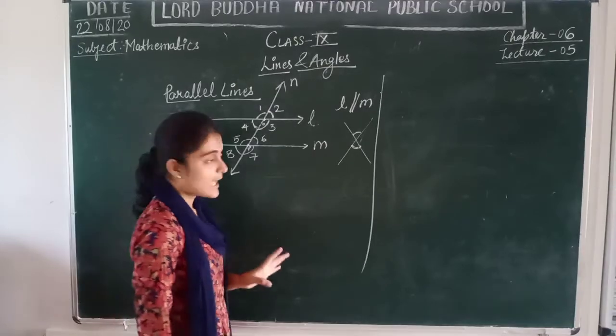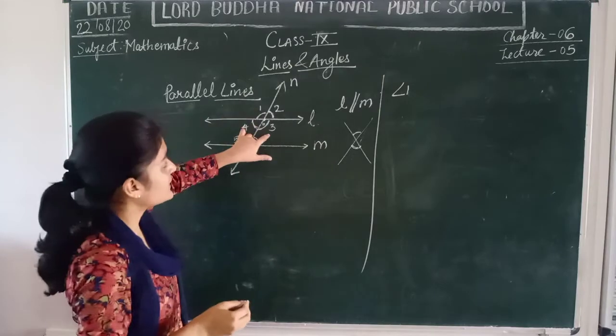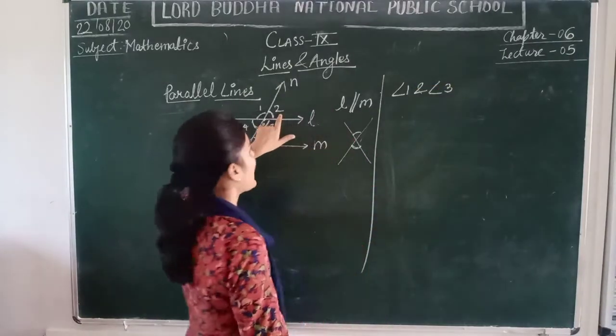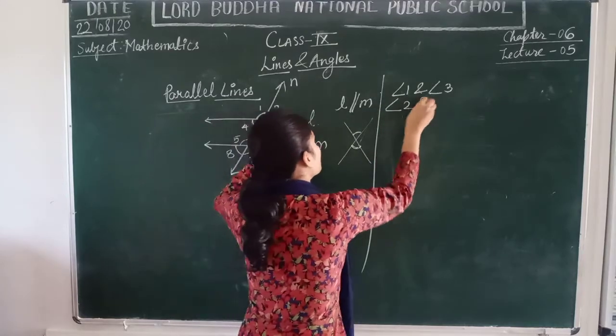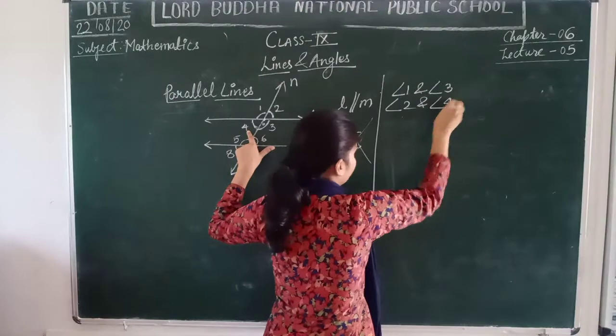Vertically opposite angles. So we'll write angle 1, opposite to 1 is 3, so angle 1 and angle 3. Again angle 2, and opposite to angle 2 is angle 4.